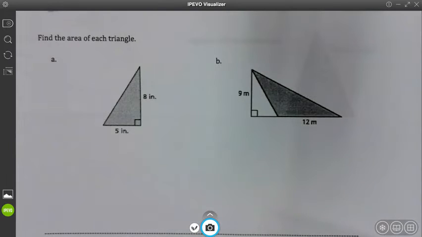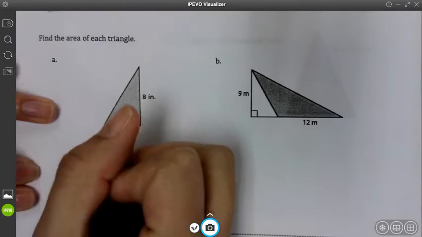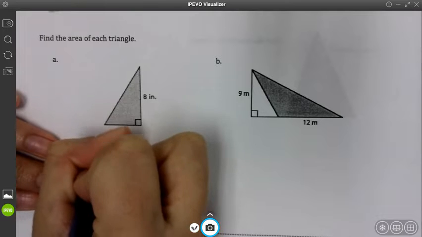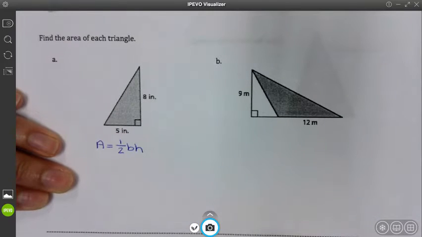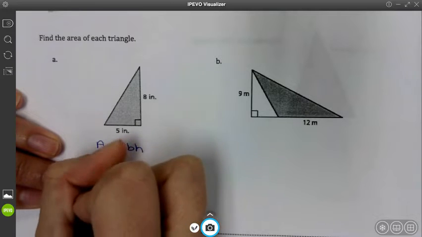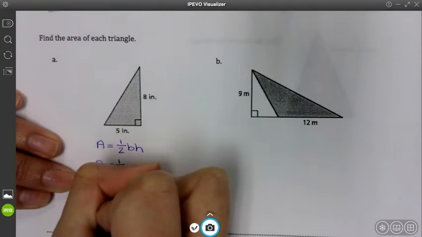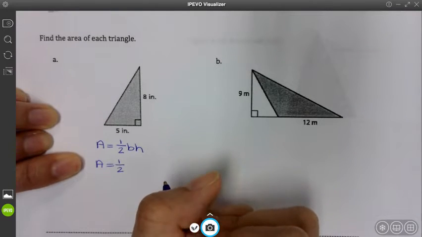Okay, so let's find the area of each of these. As a reminder from the previous lesson, there are 3 steps you should be taking: write the formula, fill in what you know, get your answer. So this is a triangle. It has 3 sides, so I write my triangle formula. Next step, I fill in what I know. I'm looking for the area, so it remains A, the variable.